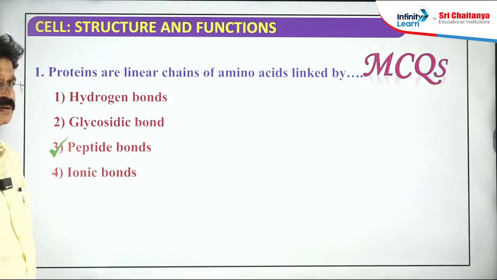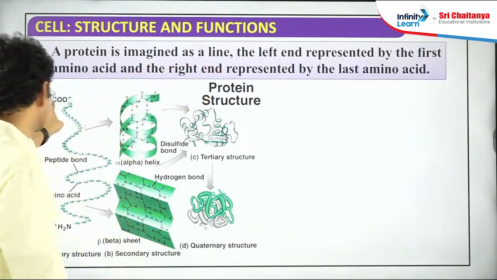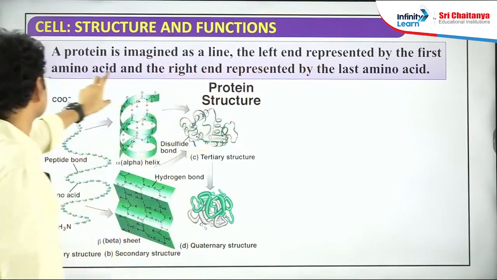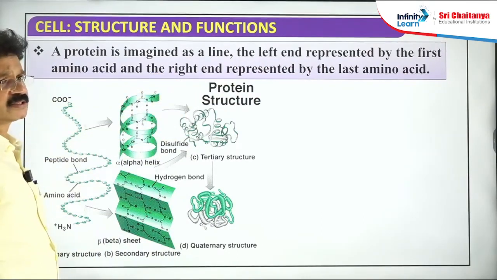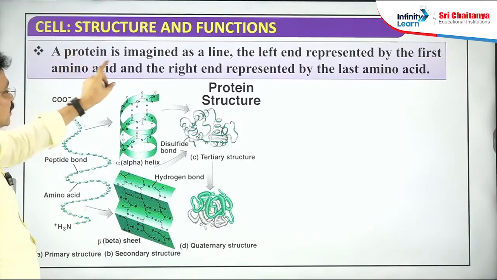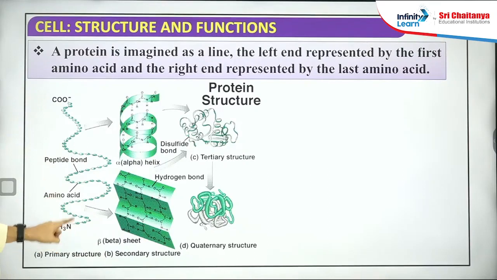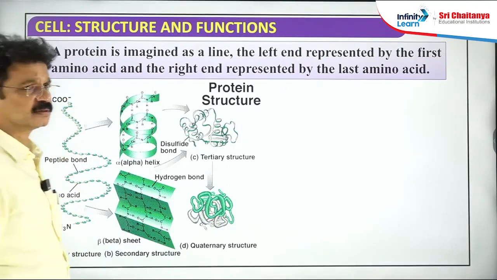Amino and carboxylic groups. Imagine a protein as a line. For example, this is a line. The left end is represented by the first amino acid, the right end by the last amino acid. What are the other names of the first and last amino acid? The first amino acid is also called the N-terminal, and the last amino acid is the C-terminal.